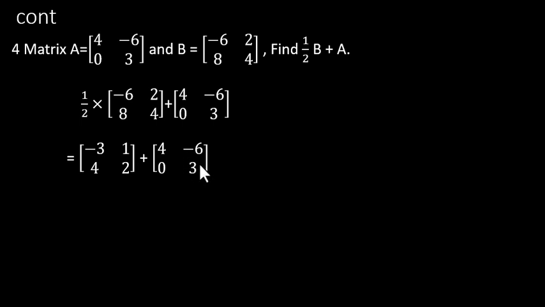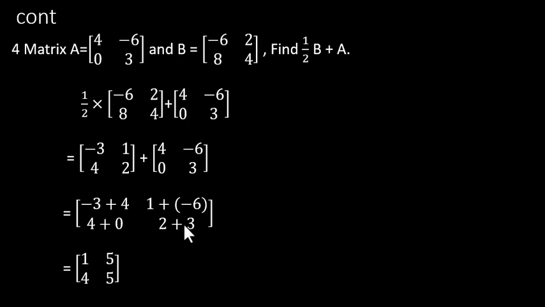From there, we add corresponding elements. We add negative 3 plus 4, then 1 plus negative 6, and on the bottom, 4 plus 0, then 2 plus 5. Negative 3 plus 4 gives 1.